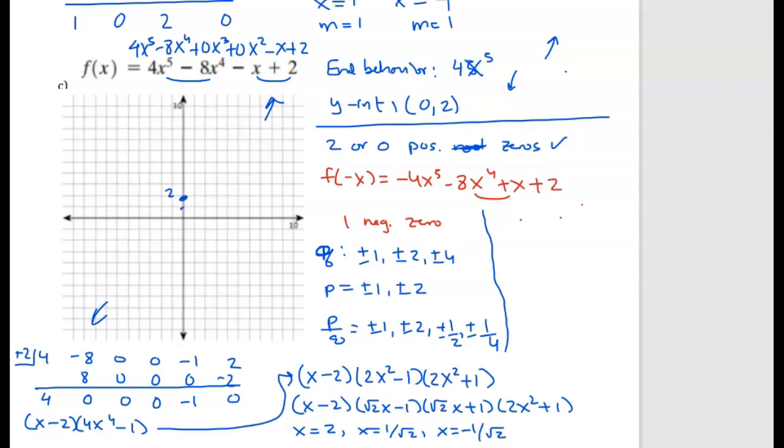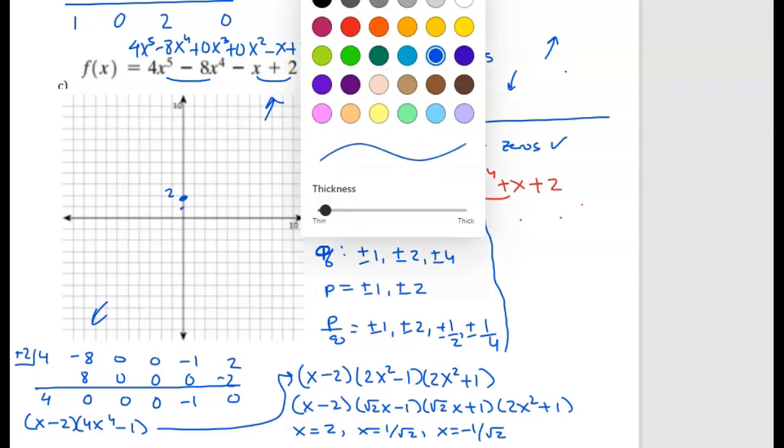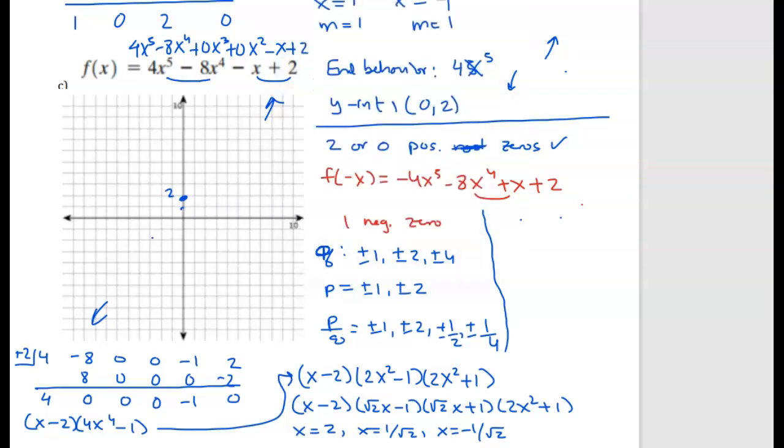Alright, let's plot those x-intercepts. Let's do nice purple. So x equals 2, that's one of them. 1 over square root of 2 is like 0.7, I think. Alright, so we have 1 over here, and then negative 1 over square root of 2 over here. Alright, so let's see if we can draw something sensible.